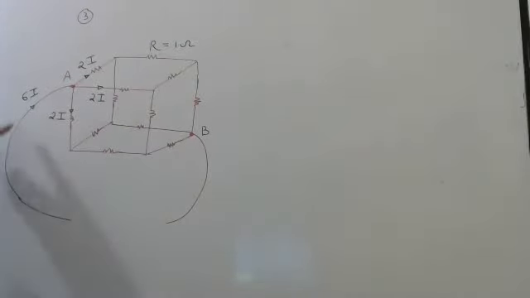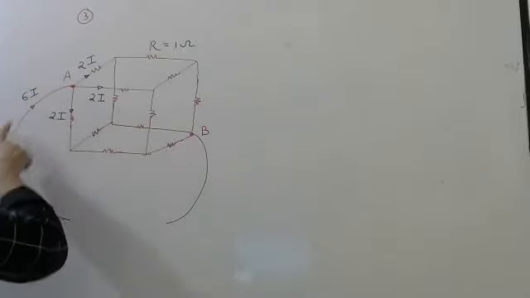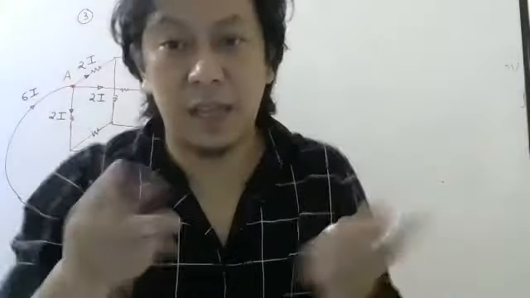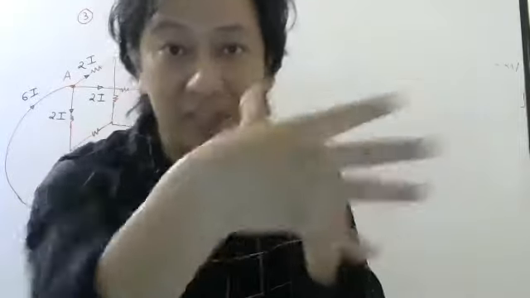So 6I current, I assume, is coming from here. If you want, you can write I also. If you write I, then here you have to write I by 3, I by 3, I by 3. So it will divide equally in the 3 branches. And the reason is simple: each current will see the same resistance.